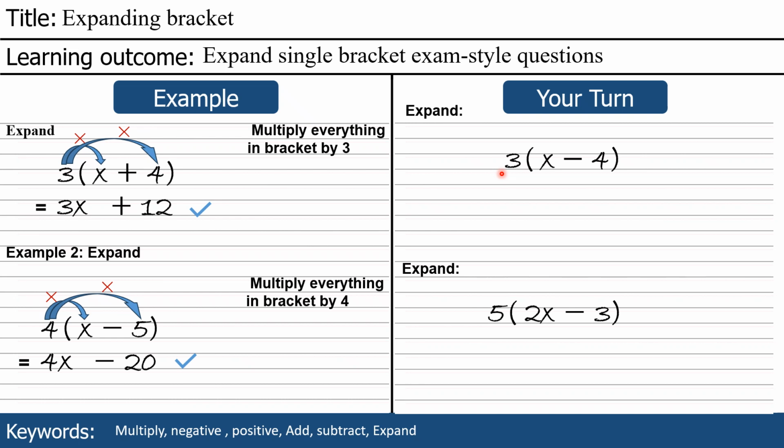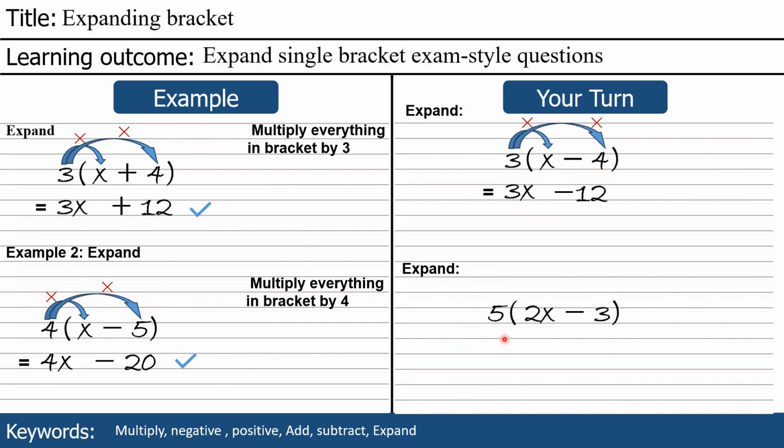Okay, let's start. Remember, we're expanding, multiplying throughout the bracket. So 3 multiplied by x is 3x, and then 3 multiplied by minus 4 will give you minus 12.